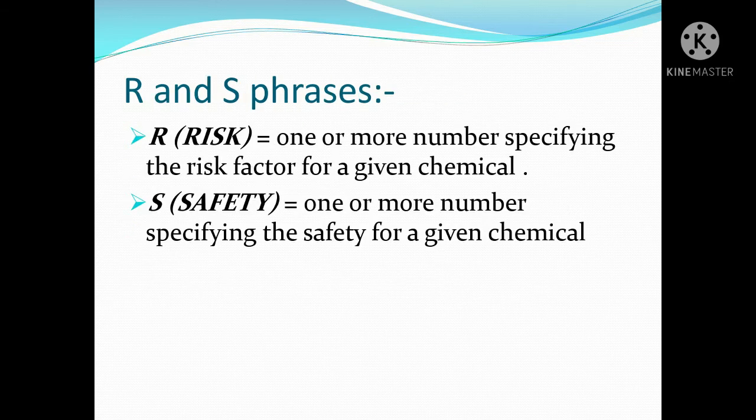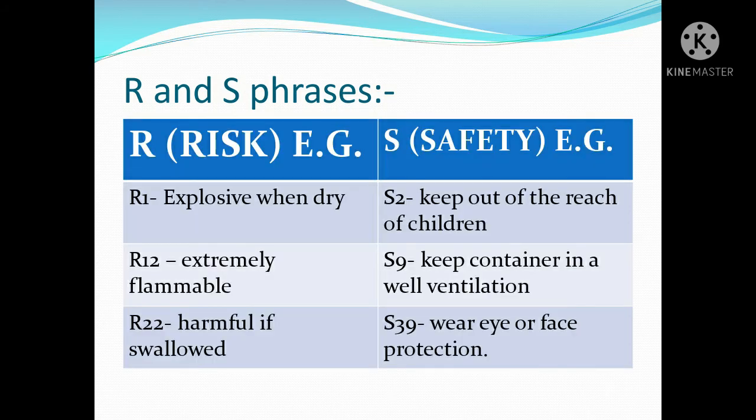There is a phrase which is generally used in pharmaceutical companies. It is known as R and S phrases. The letter R followed by one or more numbers specifies the risk factor for a given chemical, and the letter S followed by one or more numbers specifies the safety guideline for the given chemical.